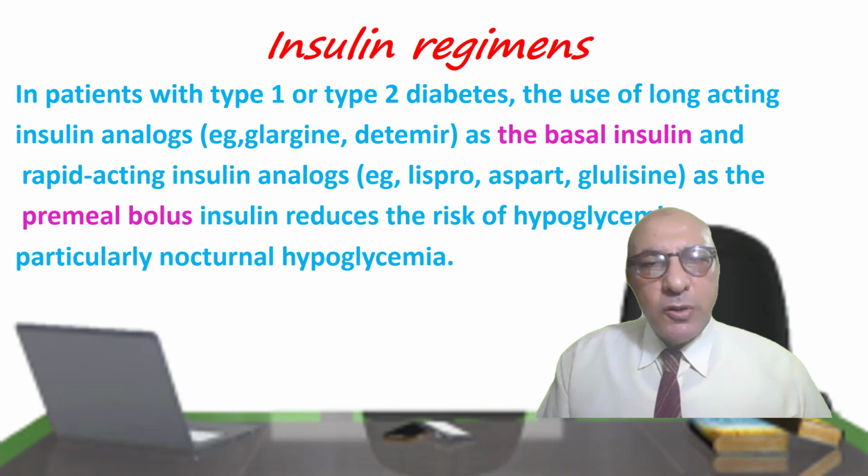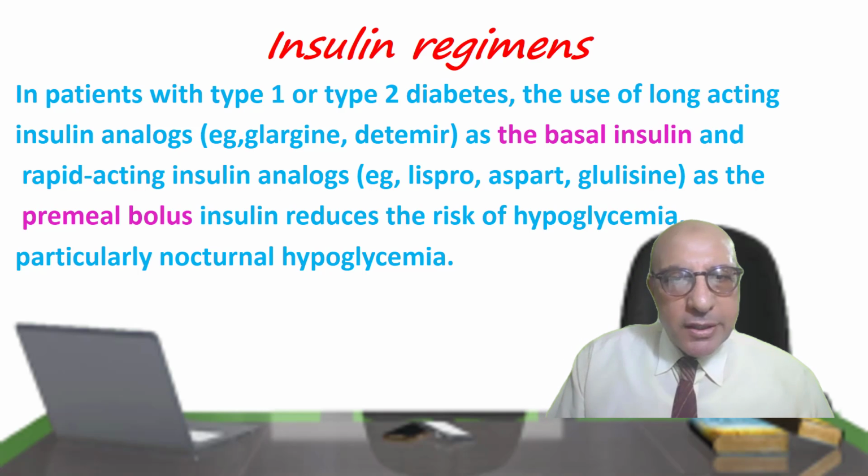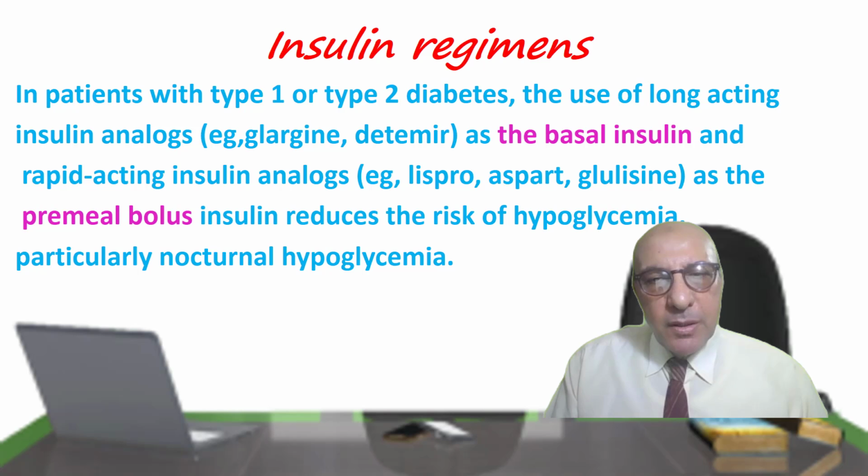Now about the insulin regimen. It was found that using some regimens will decrease the incidence of nocturnal hypoglycemia, like the use of a basal insulin night dose and repeated pre-meal bolus injections with rapid-acting insulin analogs.